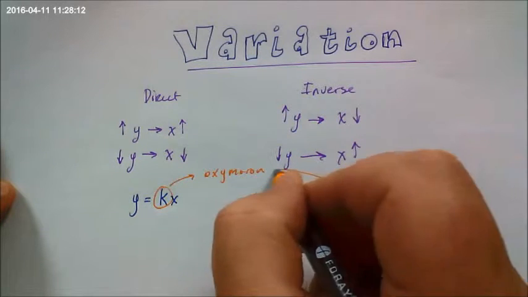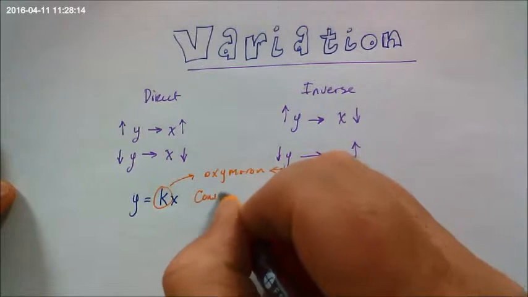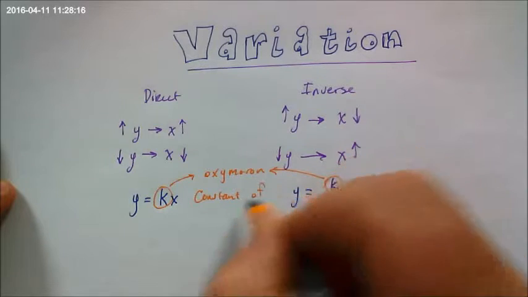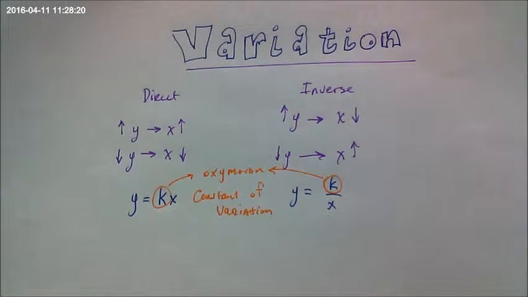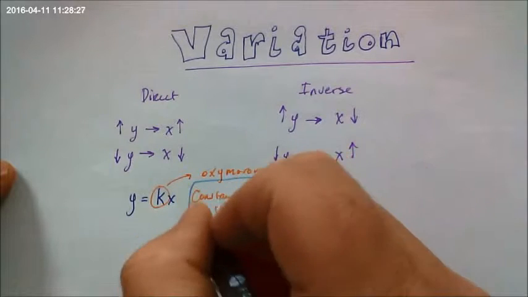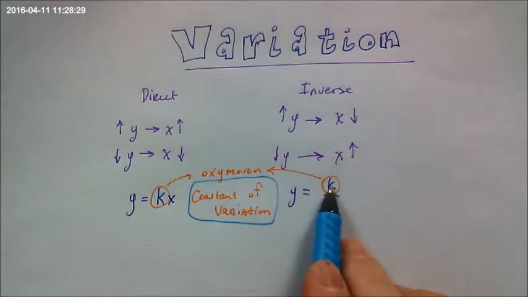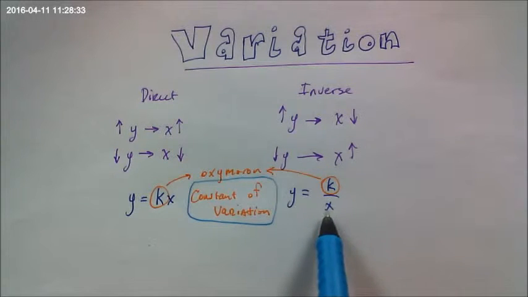K is called the constant of variation. Variation means change, constant means doesn't change. Altogether, what that really means is that this is how x and y are related. While these things are going to change, this is how they change.